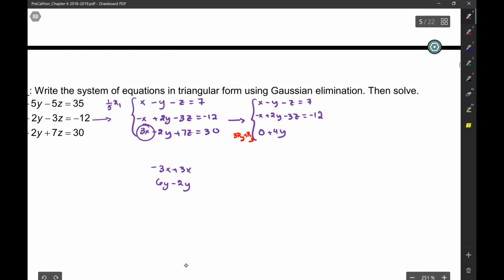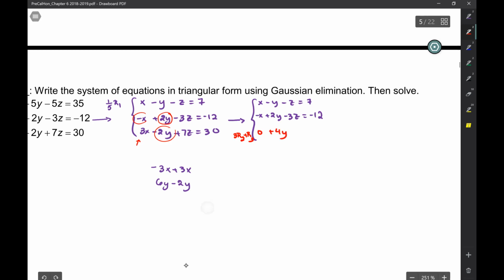So what I'm doing is 3 times row 2 plus R3. I take 3 times this plus that, right? That's negative 3x plus 3x. Now I'm going to do the same operation to this. 3 times this is 6y minus y, that's 4y.